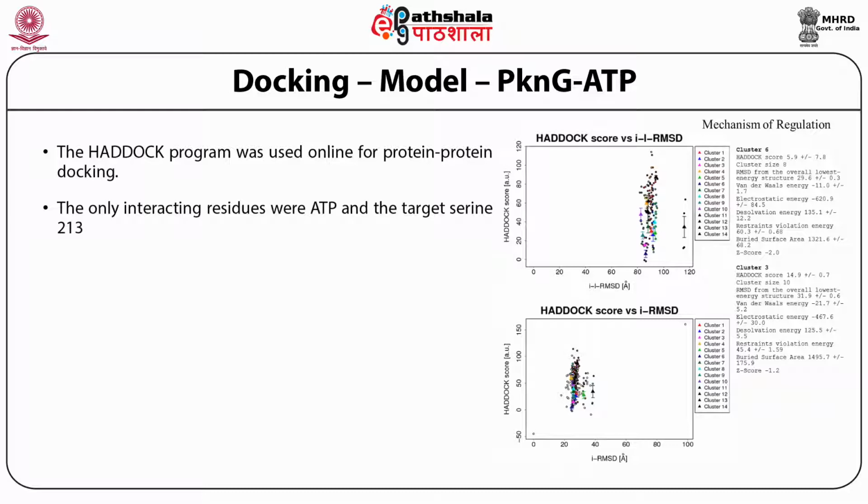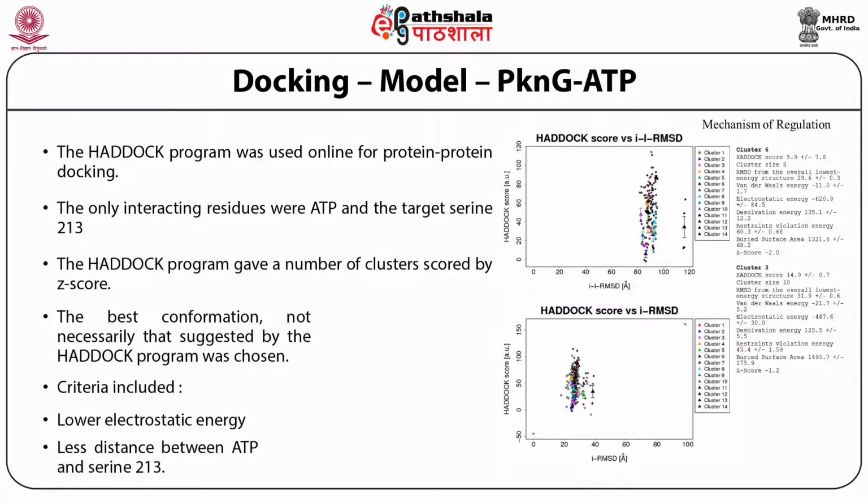What we find when we did these calculations is that this online protein-protein docking program does not give us a very good criterion or a very good position. I show you here a large RMSD across these clusters of structures, because the Haddock program takes many structures and tells you how many interactions can be favorable.